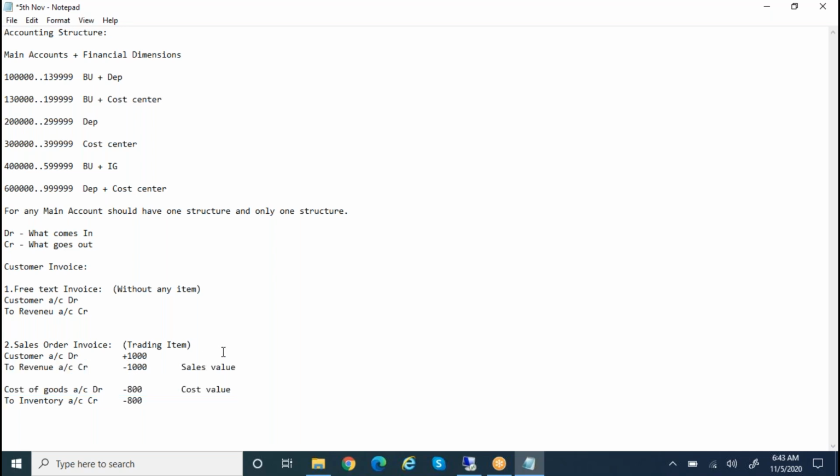So in our chart of accounts, this is 1 series. This is the revenue account, 4 series. This is 5 series.